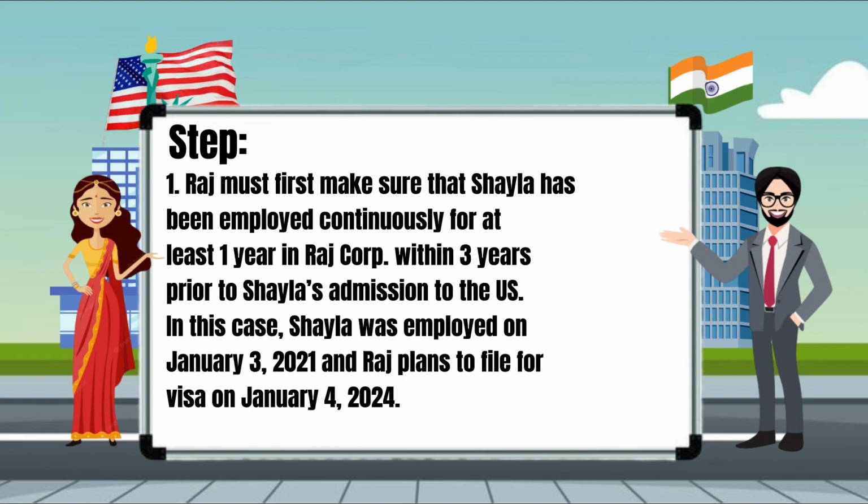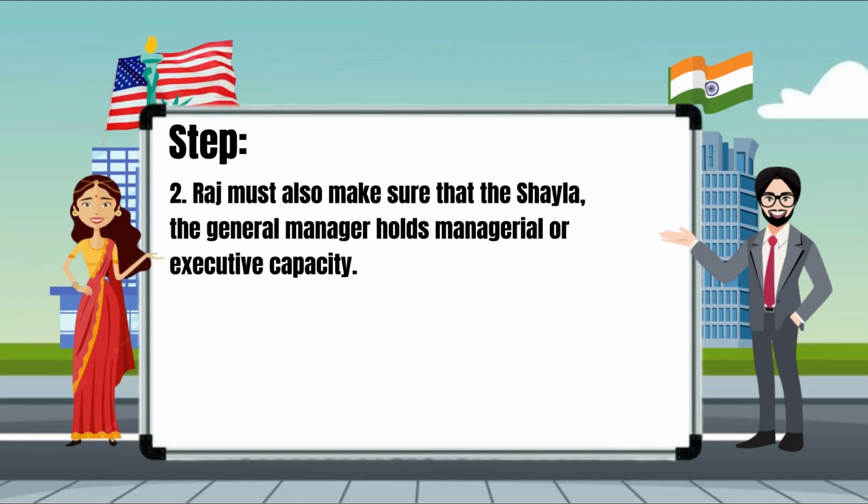In this case, Shaila was employed on January 3, 2021, and Raj plans to file for the visa on January 4, 2024. Second, Raj must also make sure that Shaila, the general manager, holds a managerial or executive capacity. In this case, Shaila holds a position in a managerial capacity, and I'll be defining a managerial capacity in a bit.